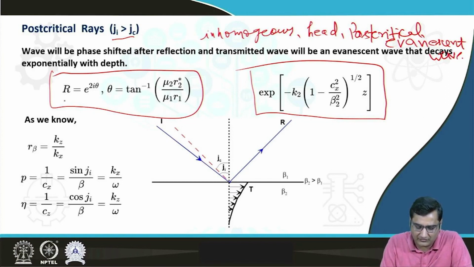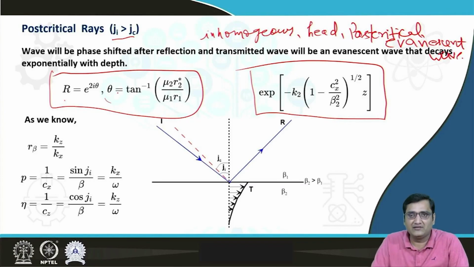The reflection coefficient will be e to the power 2 iota theta, where iota is the imaginary unit, and the value of theta will be tan inverse of mu2 r2 star divided by mu1 r1. We are going to talk about r2 star in the later slides.